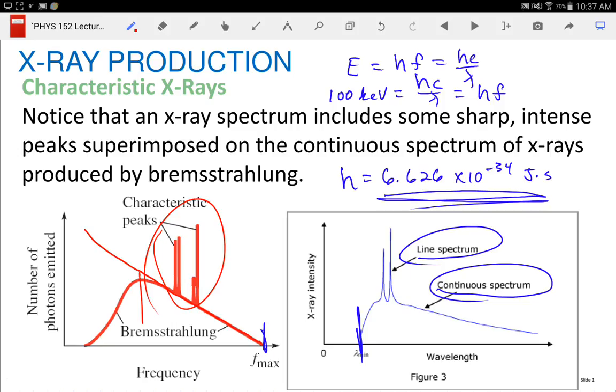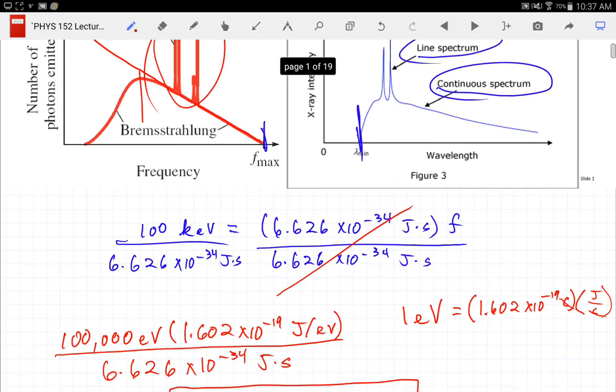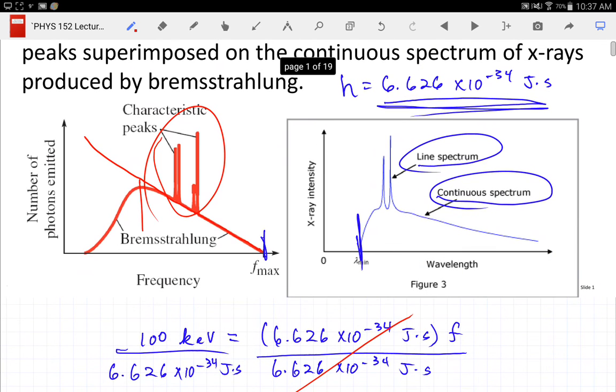And the last thing we went over in class on Friday was the nomenclature. If it is a K, that means that it ends at n equals 1. If it's an L, then it ends at n equals 2. And of course, M would be 3, right?